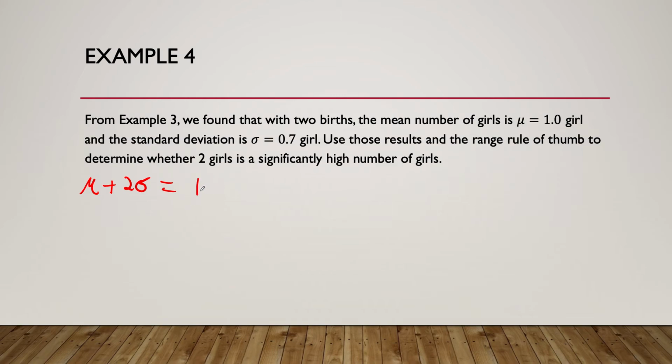Doing this, we have 1 plus 2 times 0.7. This will make 1 plus 1.4. That's 2.4. 2 is less than 2.4. So no.